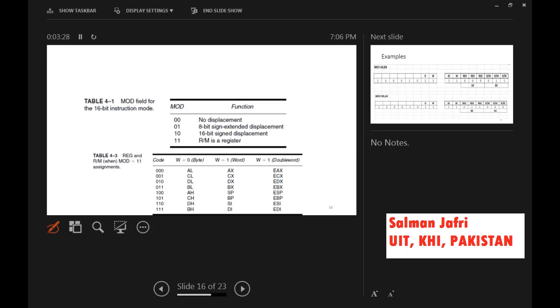For example, if AL is used in the instruction, W would be 0 and the code would be 000. And if AX is used in the instruction, W would be 1 and again the code would be 000. Similarly, if the code is 111 and W is 0, we are implying BH. But if W is 1 and the code is 111, we are implying that we are using DI.